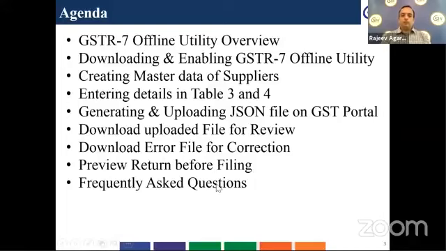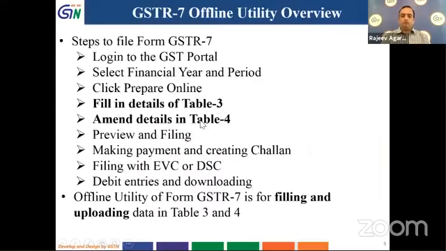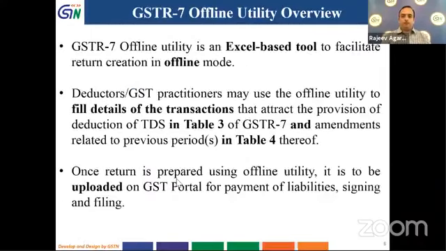This gives you the method: how to download, then fill in the details, create JSON and correct errors. This is for GSTR 7 offline utility only. So these are the steps we will be seeing, filling in details of table 3 and table 4 in this webinar. The rest has already been covered in another webinar, which is available on the GSTN YouTube channel that you can see separately.